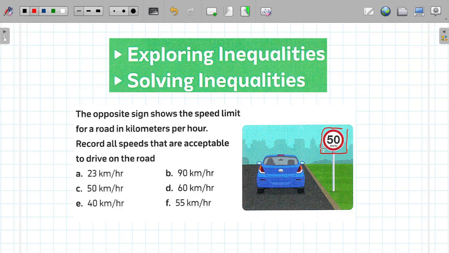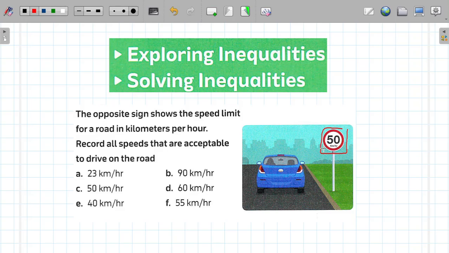So the maximum speed on this road is 50 kilometers per hour, and anyone who crosses the speed limit will be punished. So the maximum number of kilometers per hour is 50. Anything less than 50 is acceptable to drive on the road.